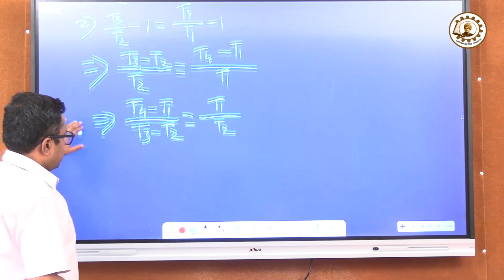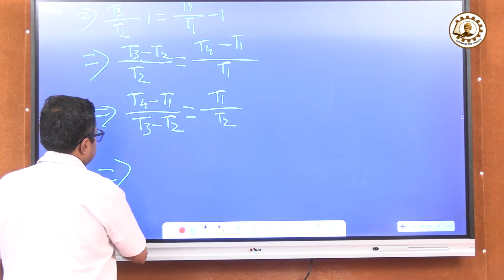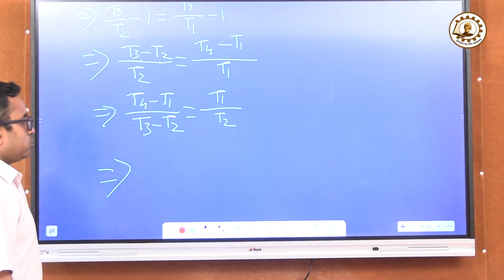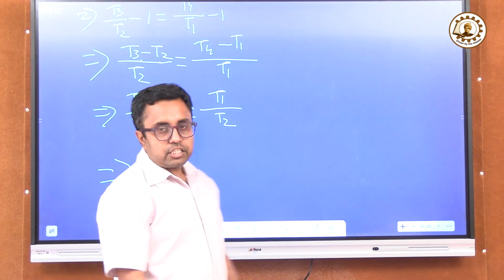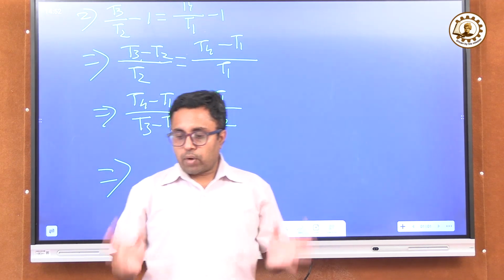Now what can we write for T1 by T2 in terms of the compression ratio?